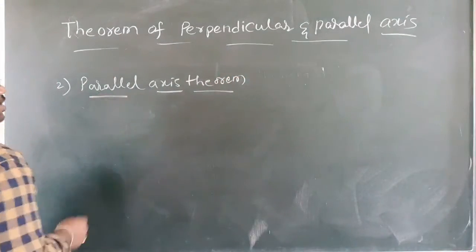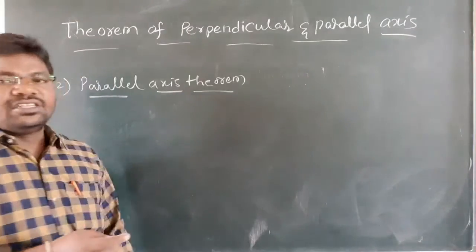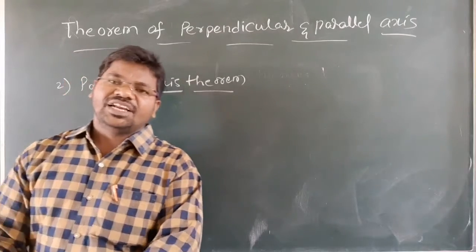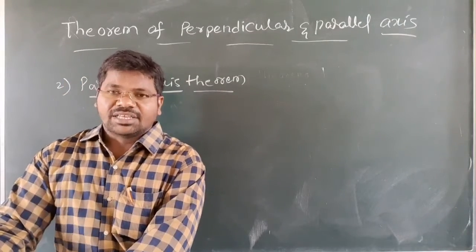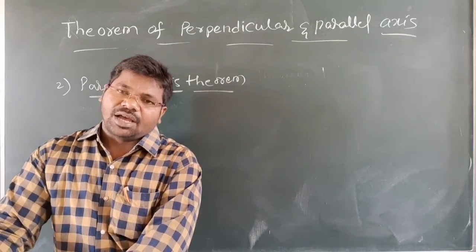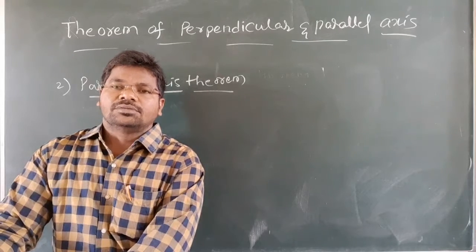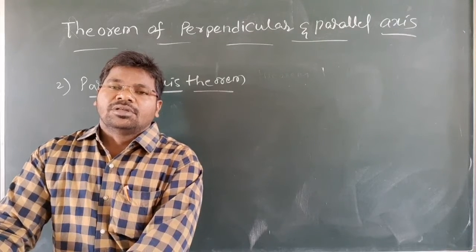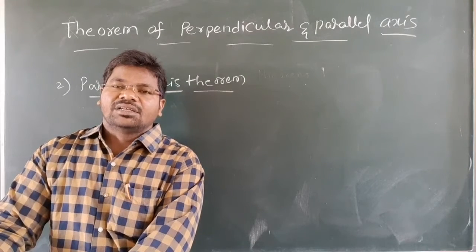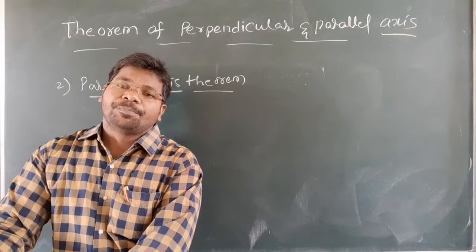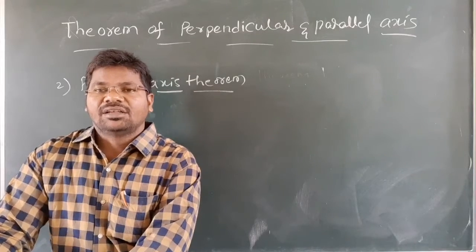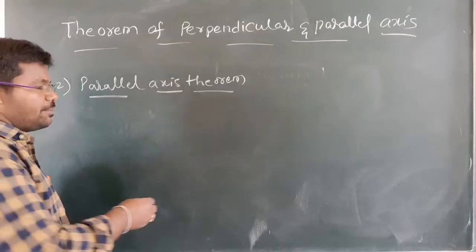See here, the parallel axis theorem is defined as follows: the moment of inertia about any axis of a rotating object is equal to the moment of inertia about the center of mass plus the product of mass and the square of the distance between the parallel axes, my children.